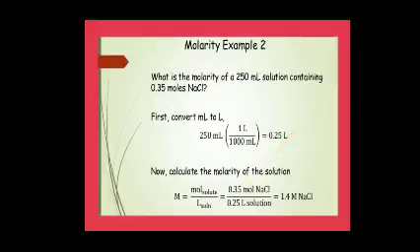Molarity calculation. Given problem: what is the molarity of 250 ml of solution containing 0.35 moles of NaCl? Given data: number of moles, small n, is equal to 0.35.